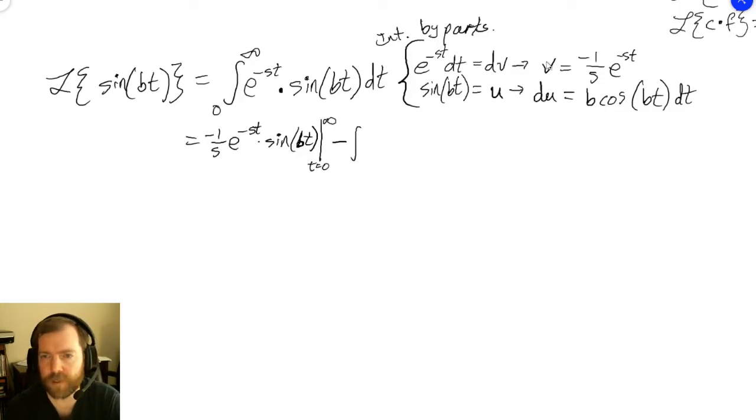So v is, again, this piece, negative 1 over s e to the negative st, times, what did I say? du, b cosine bt dt.